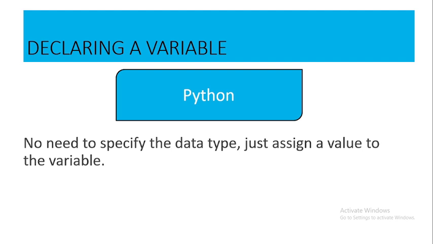Let's look at Python programming language. Unlike JavaScript and Java, where we use a specific keyword to instruct the computer that we are creating a variable, under Python programming language, we do not use any keyword when we are declaring a variable. And you need not also specify the data type you want to put into that particular container.